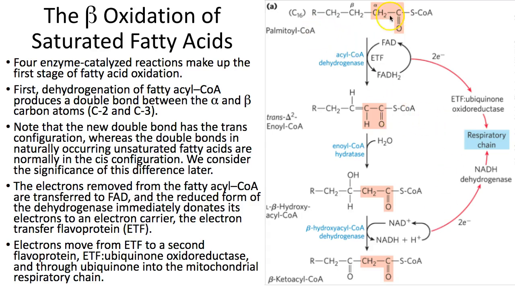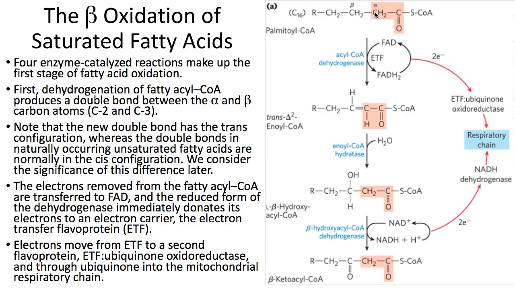So this is just an example of a fatty acid that they use, palmitoyl, that is attached to the coenzyme A. What happens is you have an alpha carbon that is directly next to the carbonyl group, and then you have a beta carbon that's next to the alpha carbon.